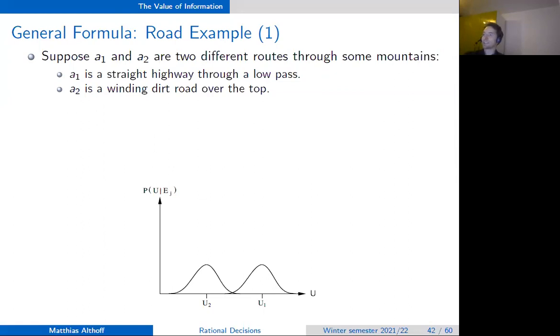So one is a highway to a low pass, which provides good utility because you get where you want to get very conveniently. So this is this first distribution here. And the second one is you take a winding dirt road over the top, and the utility varies because there could be avalanches. So because of heavy snowfall, an avalanche could block a road.